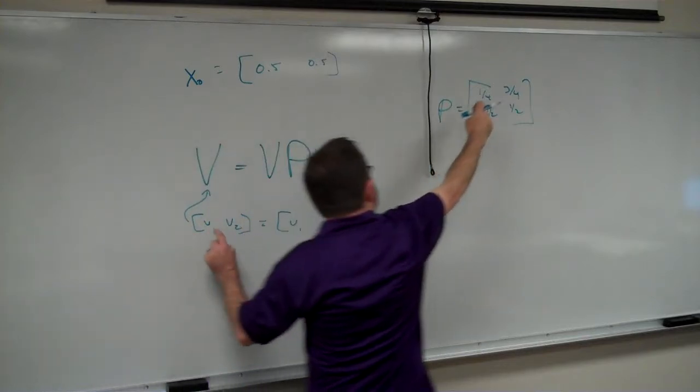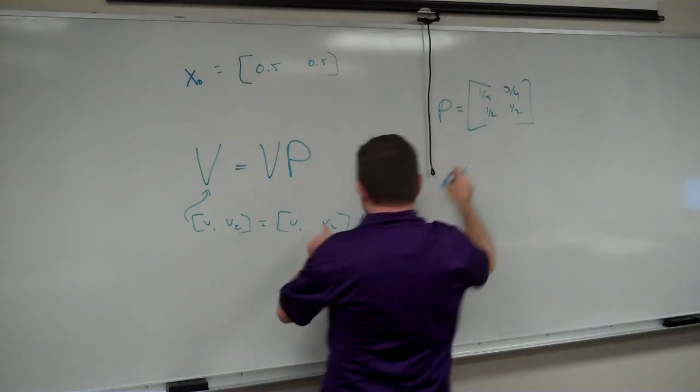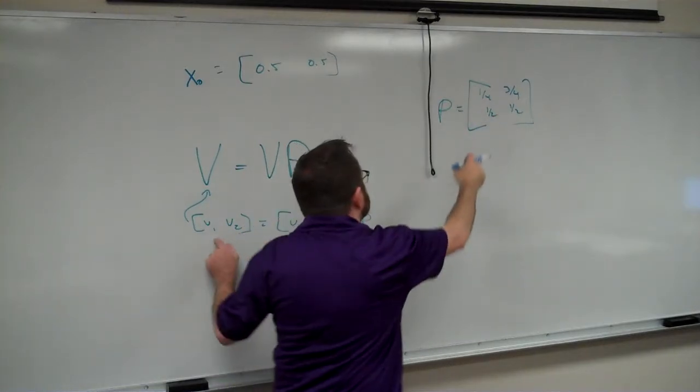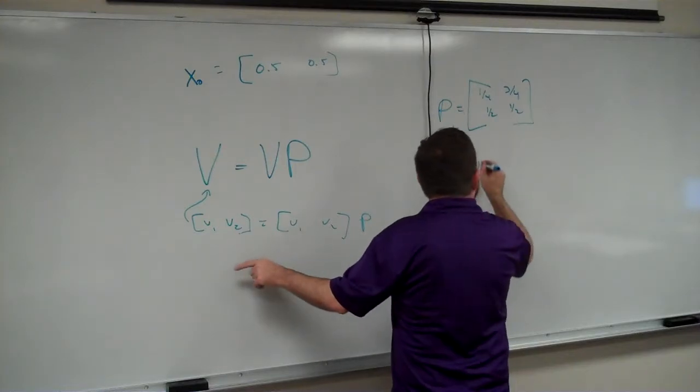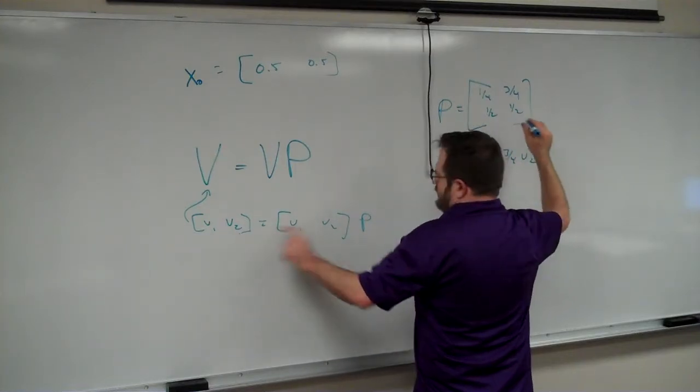You could say 1/4 V1 plus 1/2 V2 equals V1. And let's do that: 1/4 V1 plus 3/4 V2 equals V1.